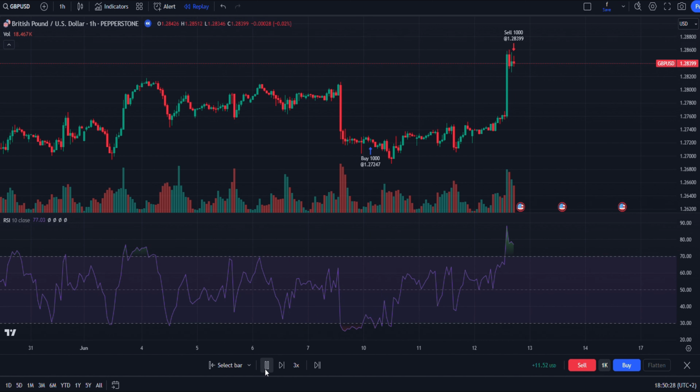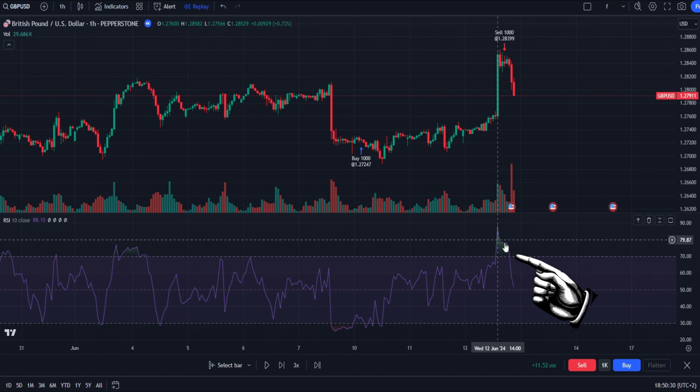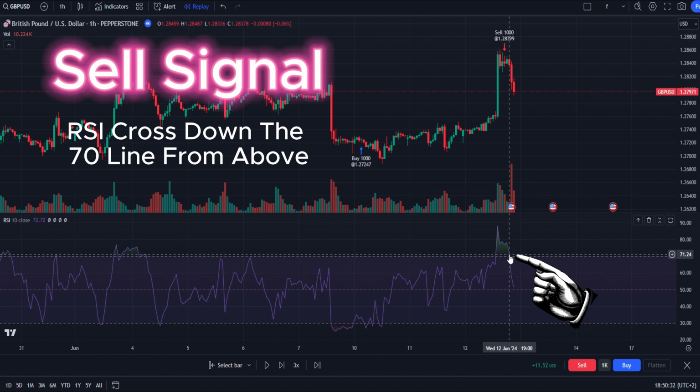For a sell trade, the RSI crossed from above 70 to now below the 70 line, and this is our sell signal.